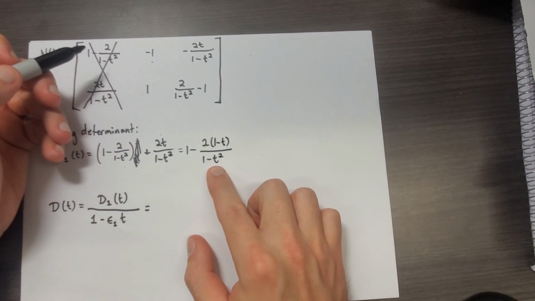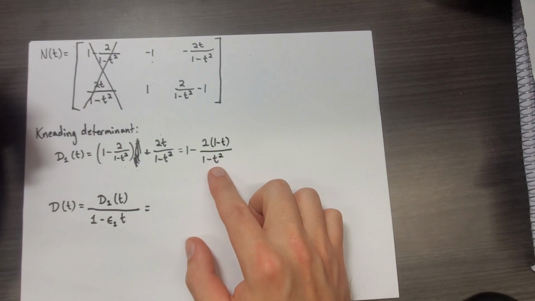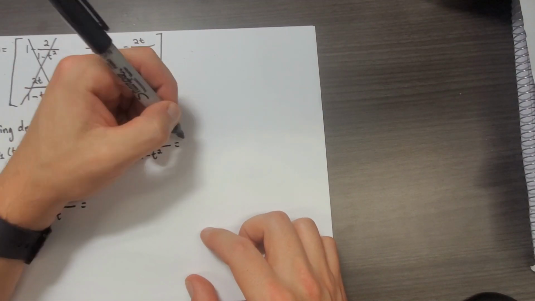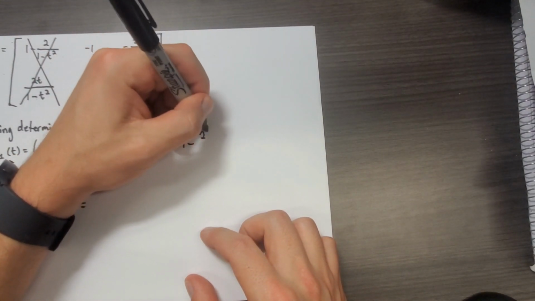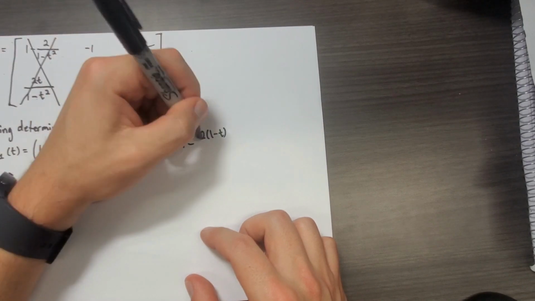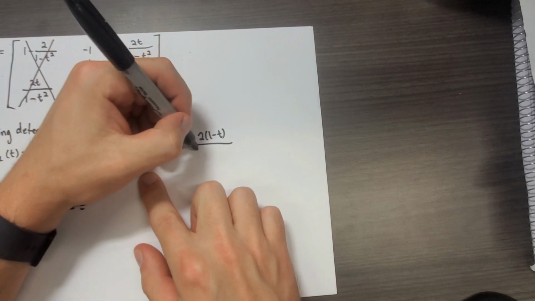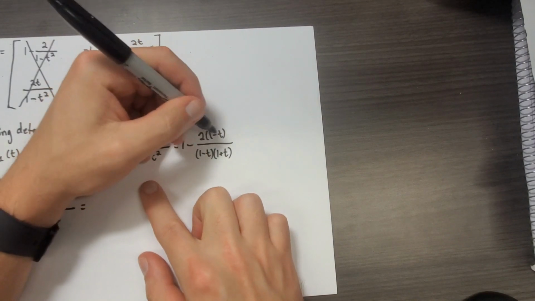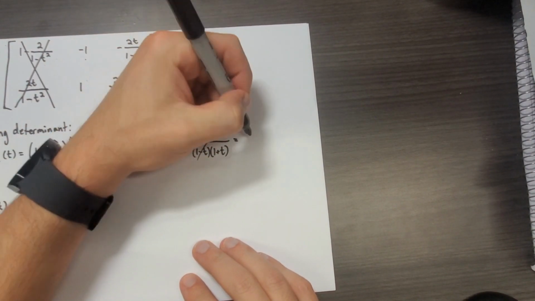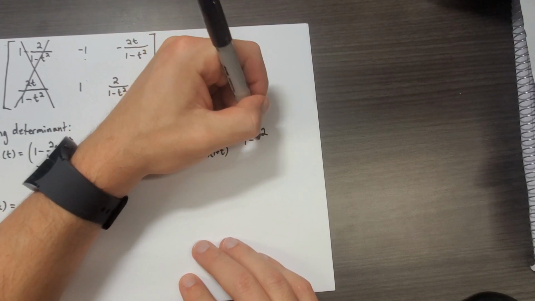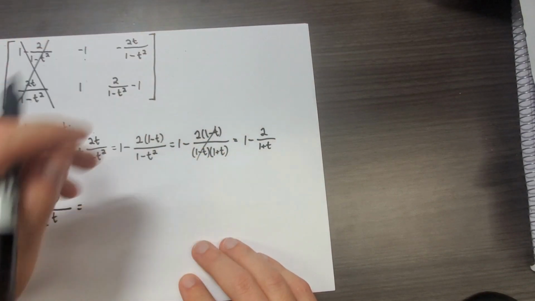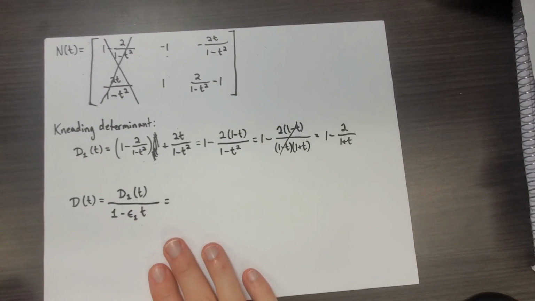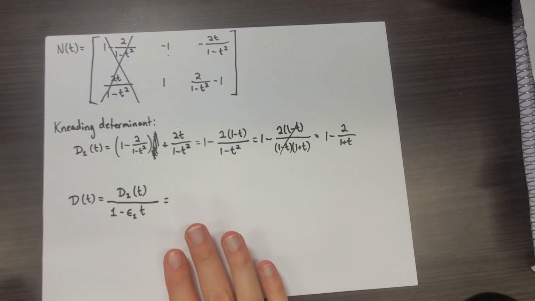That cancels out with this by, what do you call it? Difference of squares. So to be explicit, let's just write it out. 1 minus 2 times 1 minus t over, and then this is a product of 1 minus t and 1 plus t. So these cancel. I'm left with 1 minus 2 over 1 plus t. So that's the kneading determinant, or the D1 that we need to compute on the way to the kneading determinant.